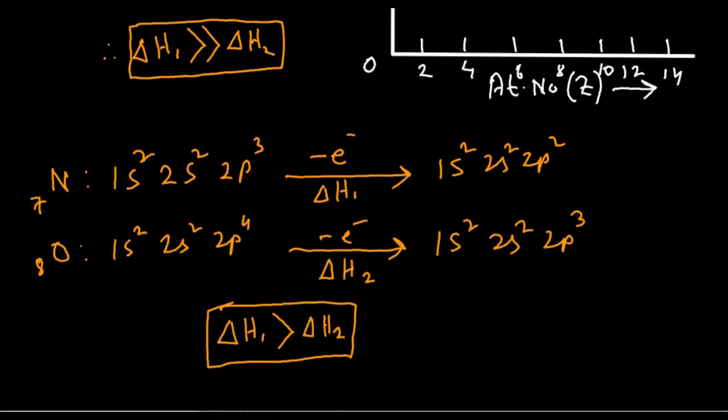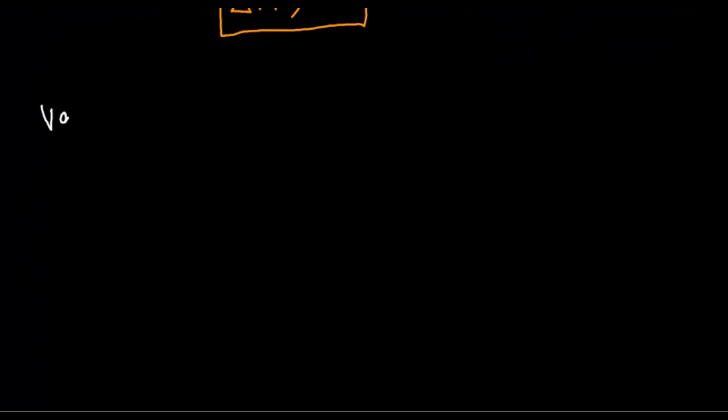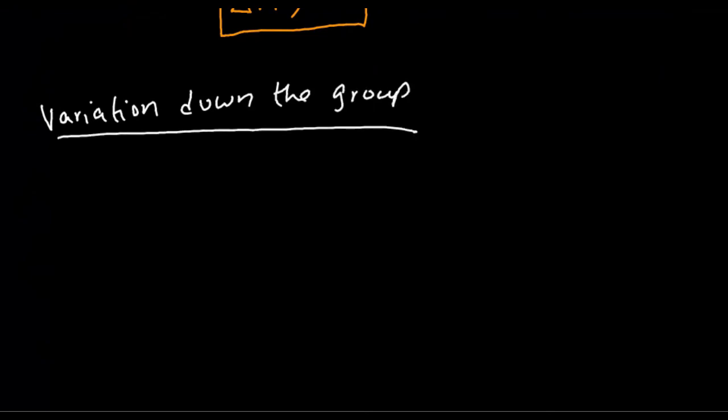So we have seen variation across the period. Now we will discuss variation down the group. How will this ionization energy vary down the group? Here you have to know that for representative elements, like for s and p block elements, the ionization enthalpy decreases regularly.